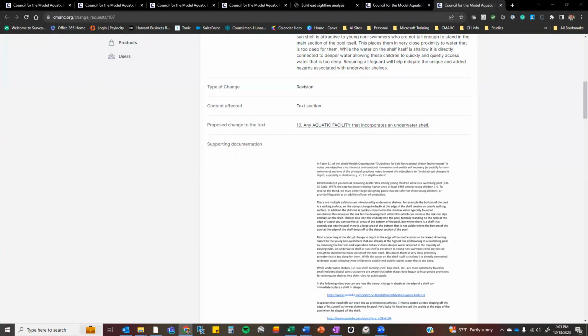I agree with the TSC that this is a pretty common practice in smaller health club type pools that, for many of their opening times, are not required to have lifeguards.